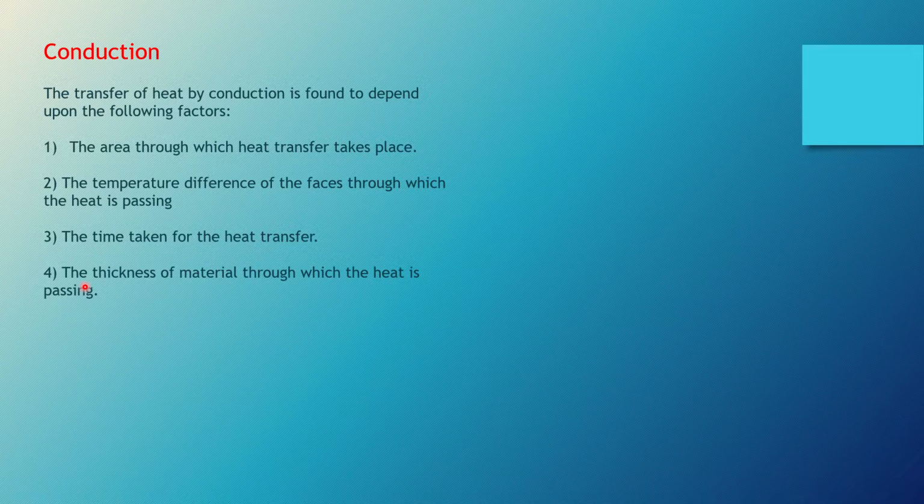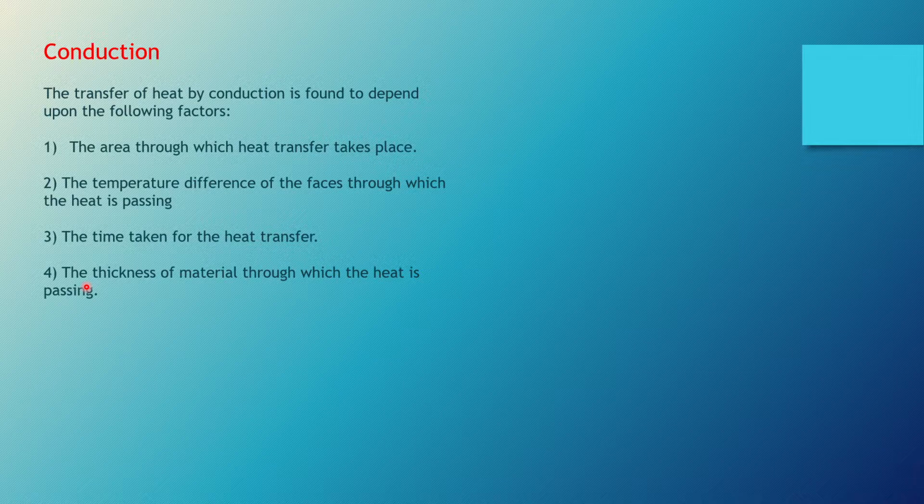Then the fourth one is the thickness of the material. The thinner the material, the easier the heat is transferred through the wall of the object. So the thickness of the material through which the heat is passing.